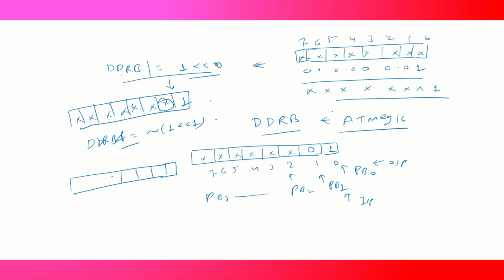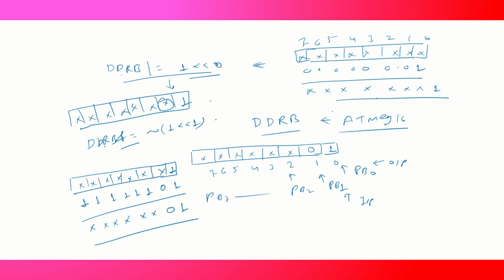So at this point this is the content of DDRB, and we are doing an AND operation with the number 1 1 1 1 1 1 0 1. So the result of the AND operation will be X X 0 and 1.